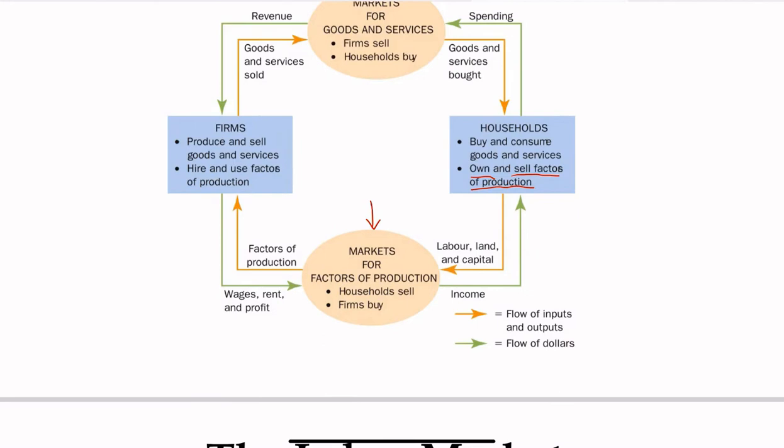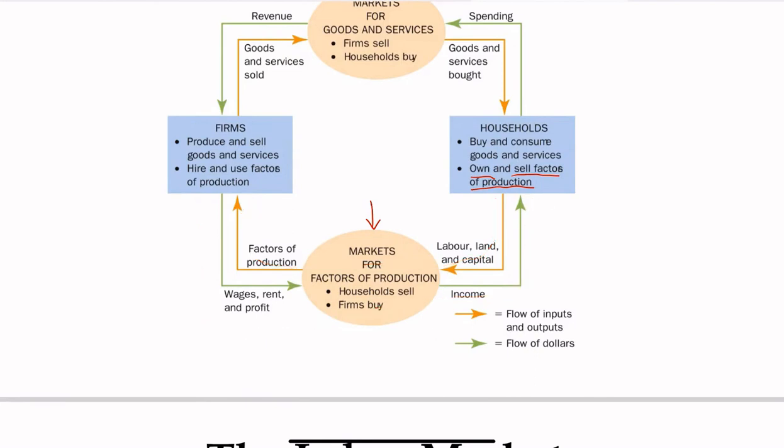So you're the seller of labor, and the firm is the buyer of the labor. What you can see here is labor, land, and capital flow from households to firms. Firms will use the labor, land, and capital as factors of production. And in exchange for labor, land, and capital from households, firms will have to pay money. And you can see that wage, rent, and profit will flow from the firm to households.